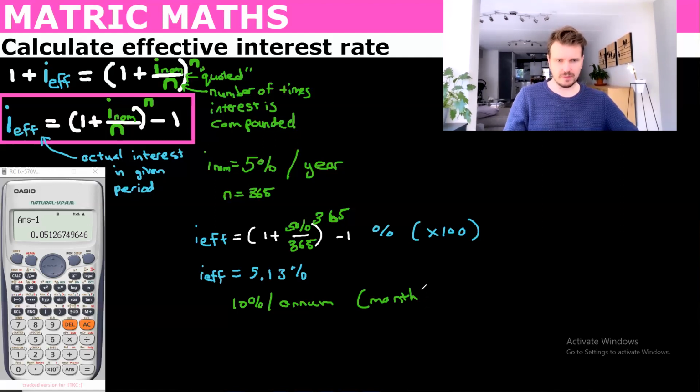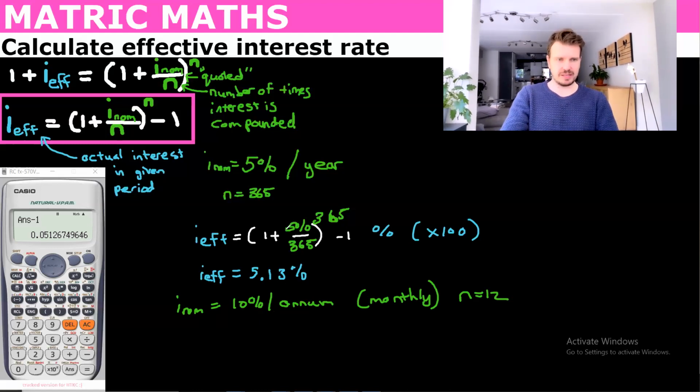Okay. So now what we can do is we can say, right, now my I nominal is that, and our n is 12 because we compounded monthly, and we should get slightly more than 10% if it's compounded monthly.